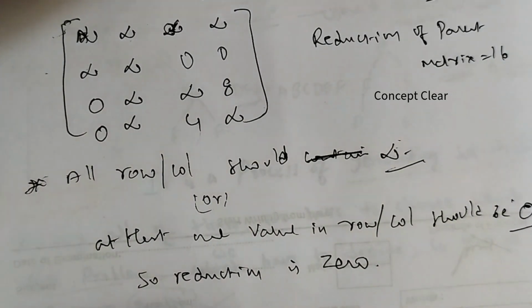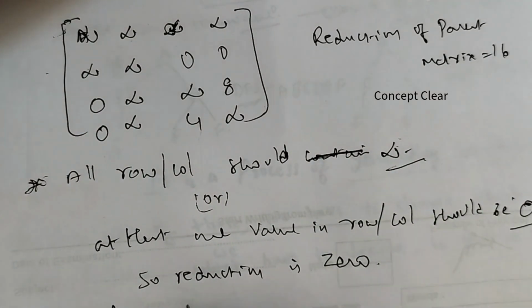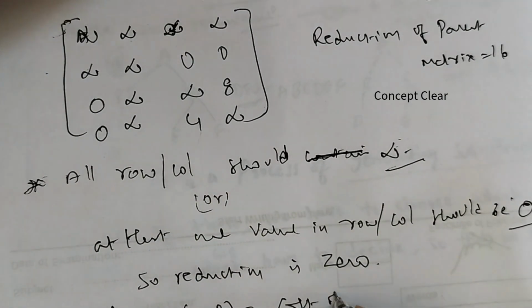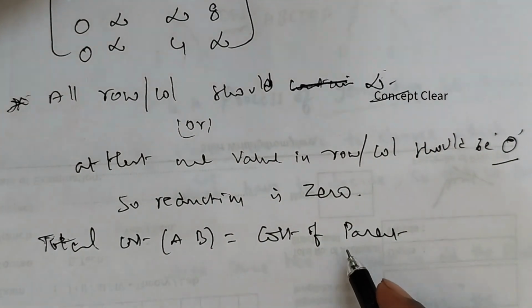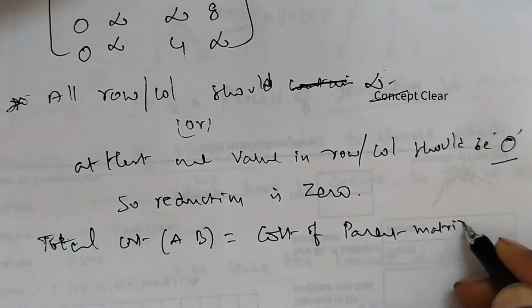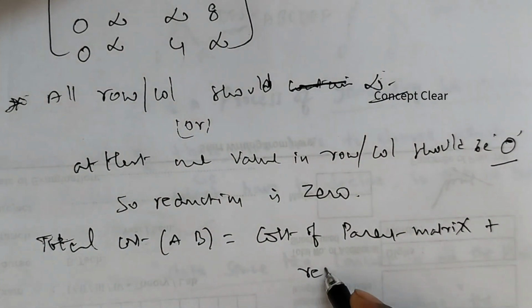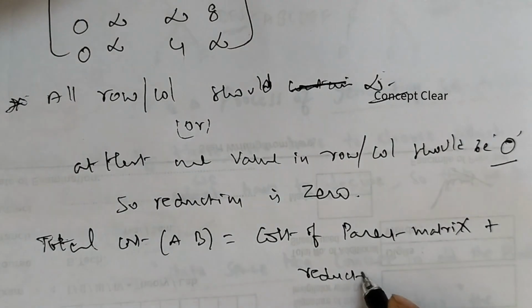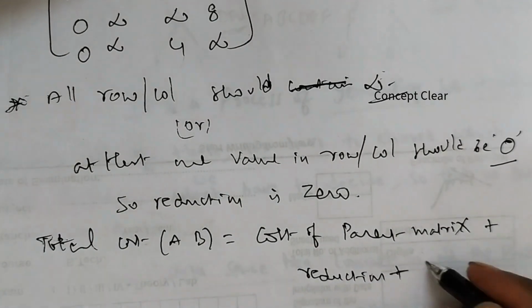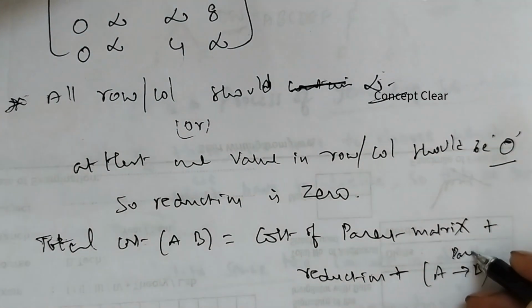So the total cost of AB is given by this formula: total cost of AB is the cost of the parent matrix plus the reduction plus the A to B parent matrix value.